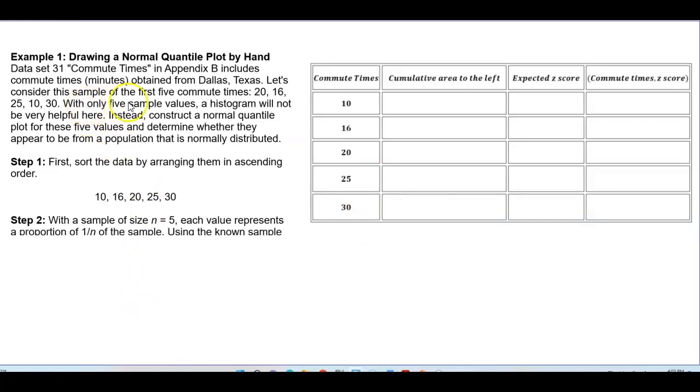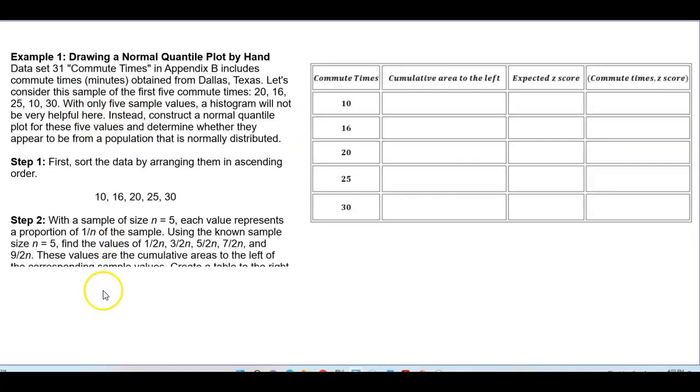Now we know that there are 5 samples, so with a sample of size n equals 5, each value represents a proportion of 1/5 of the sample. Using the known sample size n equal to 5, we want to find the values of 1/2 over n, 3/2 over n, 5/2 over n, 7/2 over n, and 9/2 over n, because we have 5 values: 1, 2, 3, 4, 5.